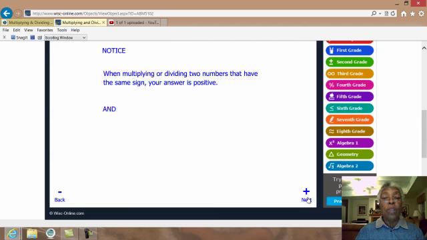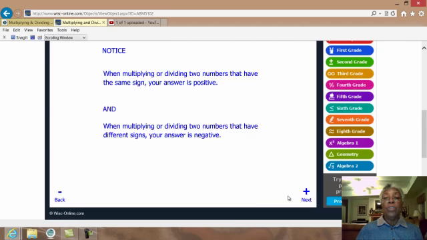Notice, when multiplying or dividing two numbers that have the same sign, like signs, your answer is positive. And when multiplying or dividing two numbers that have different signs, unlike signs, your answer is negative.